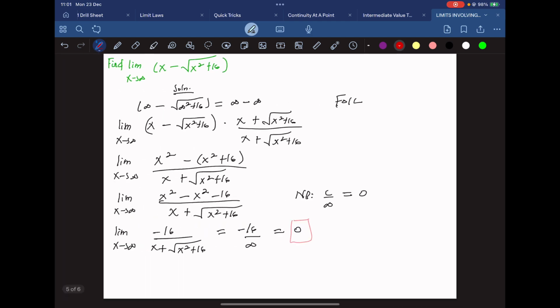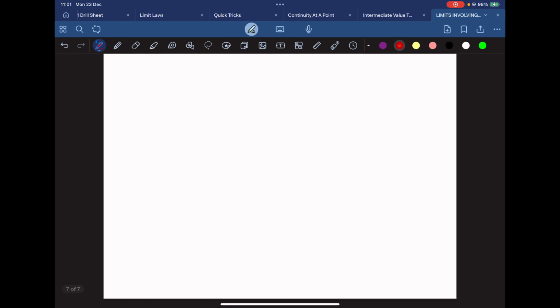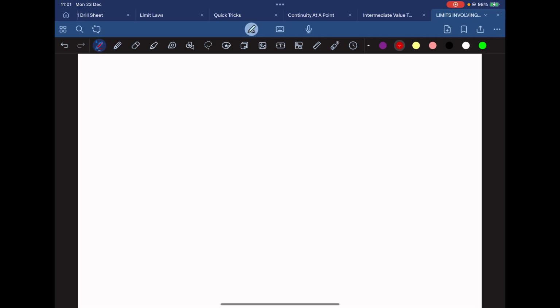Now we've gotten to know horizontal asymptotes. Let's move on to oblique asymptotes.